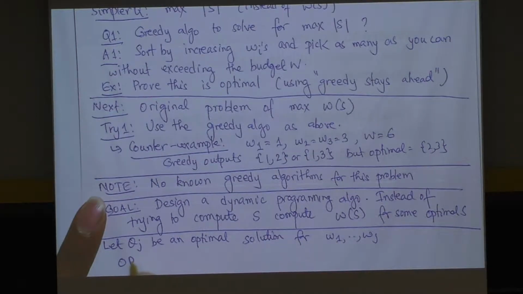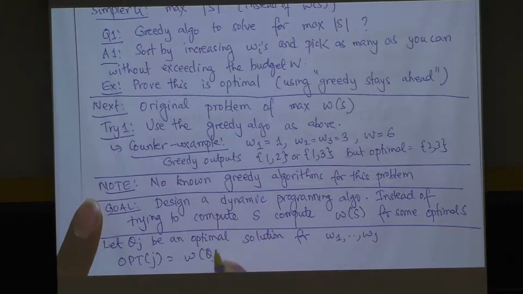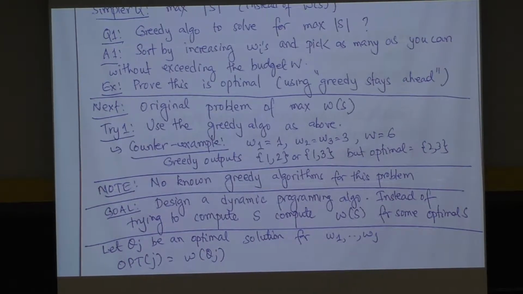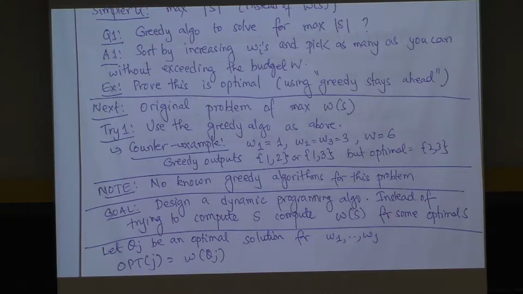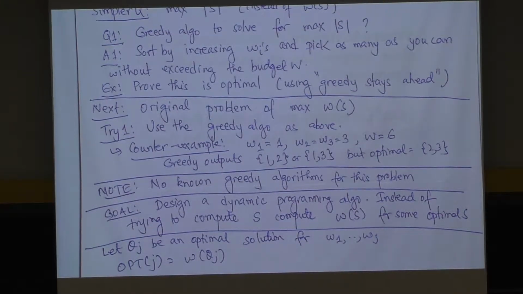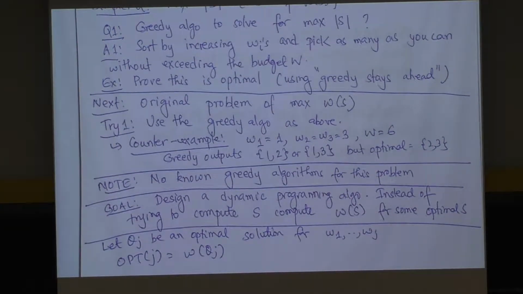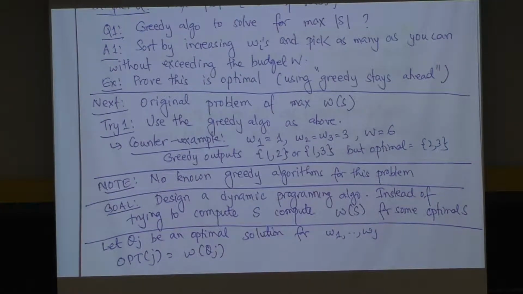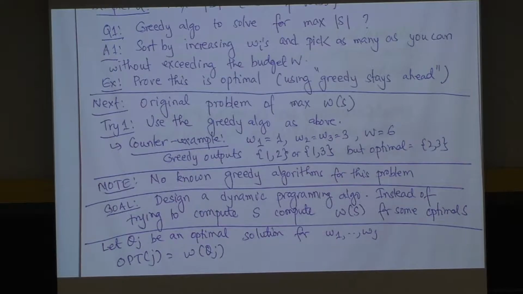And you define opt of j to be this, right? So this is the best value you can get out from the first j elements. Before I go on, are there any questions? Is everyone okay?